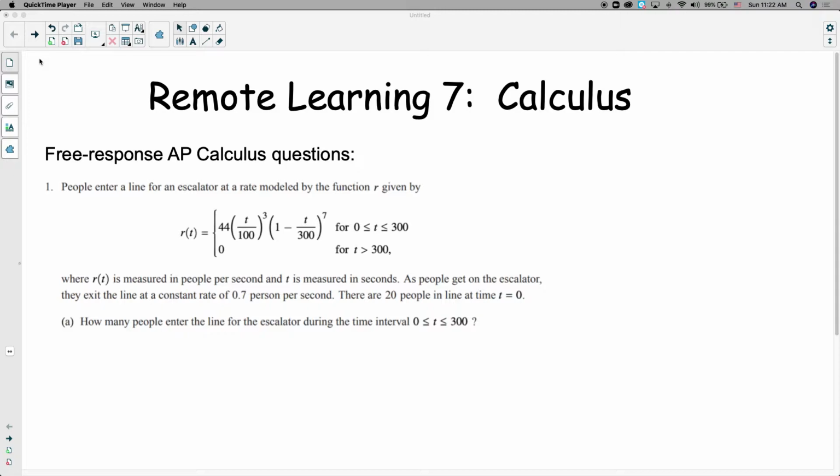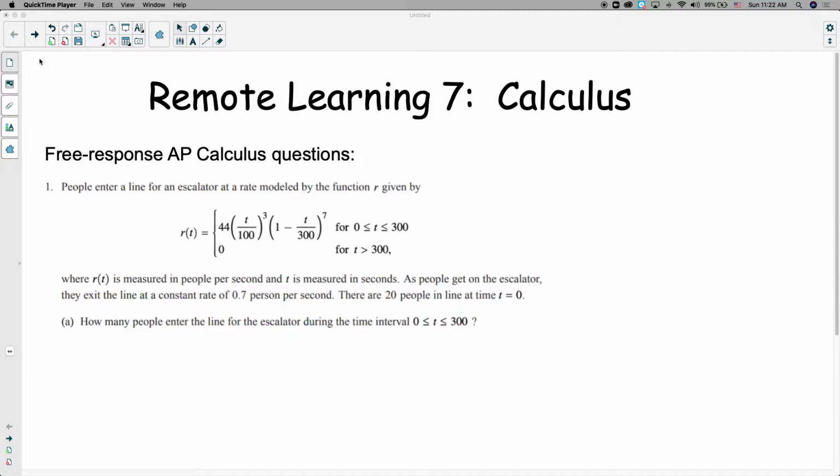Okay, so in the spirit of just reflecting and thinking about differential and integral calculus as we know it so far, these problems are fantastic. Okay, so here I go.